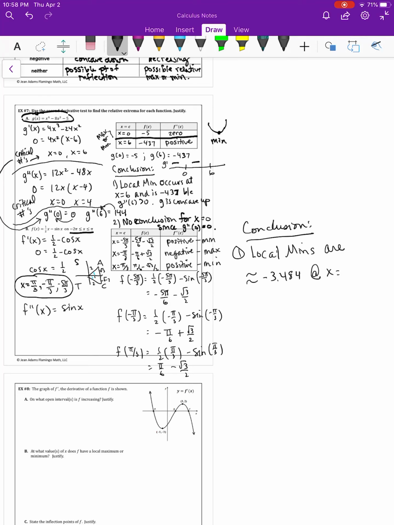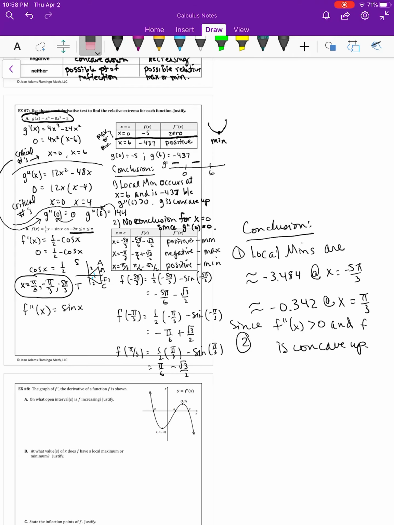Negative 3.484 at x equals negative 5 pi over 3, and negative 0.342 at x equals pi over 3, and since f double prime of x is greater than 0 and f is concave up, therefore we had minimums there.